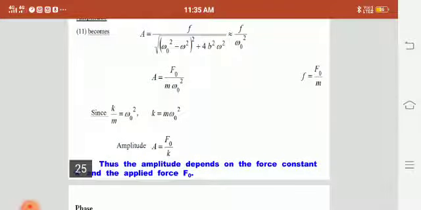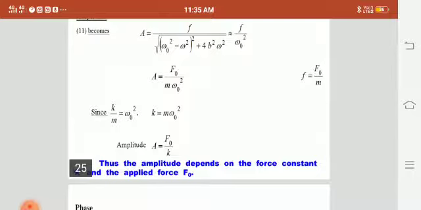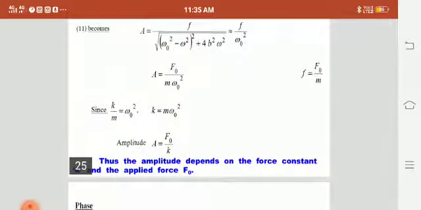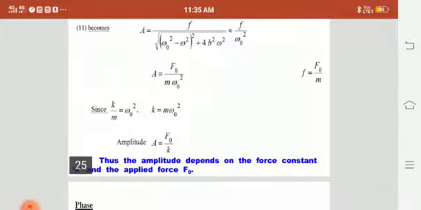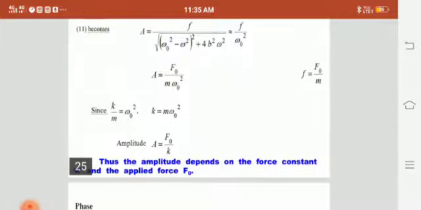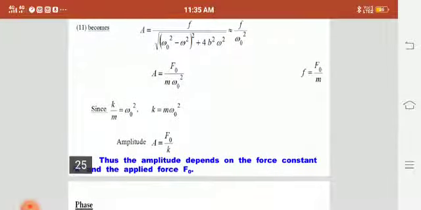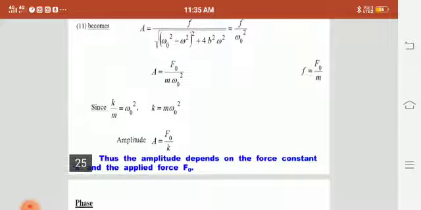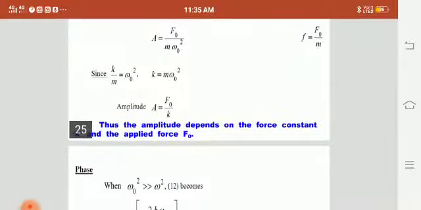Here the amplitude depends on the force constant and the applied force. F₀ is nothing but the applied force and k is the force constant. A is directly proportional to the applied force and inversely proportional to the force constant.